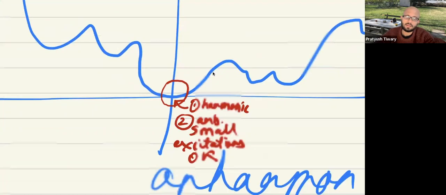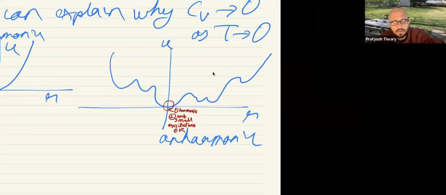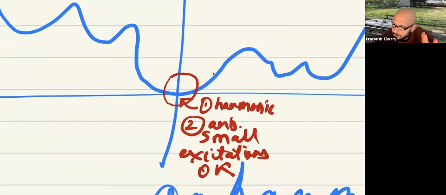What do I mean by that? In a classical crystal, if the world was purely classical and you gave the system a very, very tiny amount of energy, something like 10 to the power minus 200 joule, which is so small, the crystal will still be able to take that energy and move a little bit more because it's continuous, right? At any resolution, the curve is there, it exists.